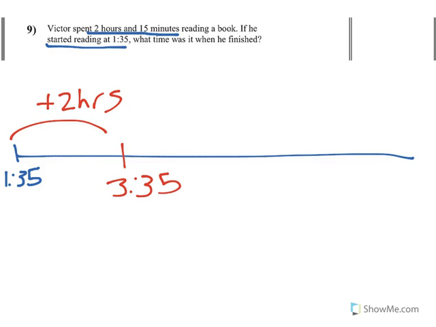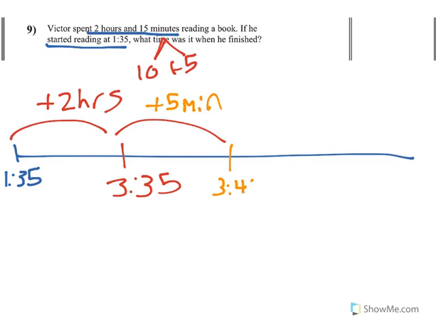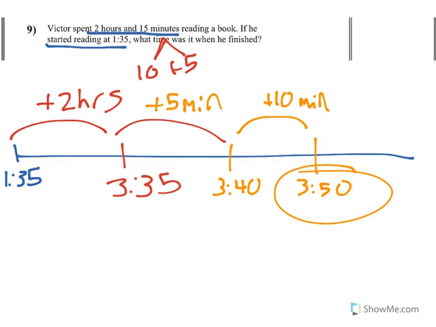I'm going to break apart this 15 minutes into 10 and 5. So if I add 5 minutes, that would put me at 3:40. And then if I added 10 minutes, that would put me at 3:50. So what time was it when Victor finished? It was 3:50.